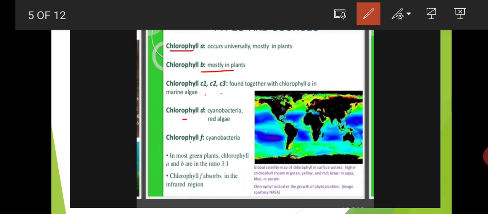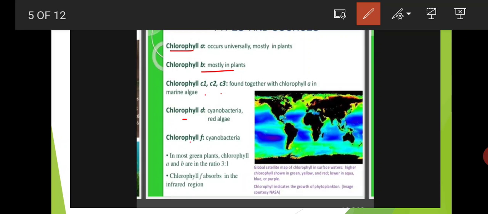In most green plants, chlorophyll A and B are in the ratio of 3:1. Chlorophyll F absorbs in the infrared region also. Different types of chlorophylls exist, but mainly chlorophyll A and chlorophyll B are present in all common plants.